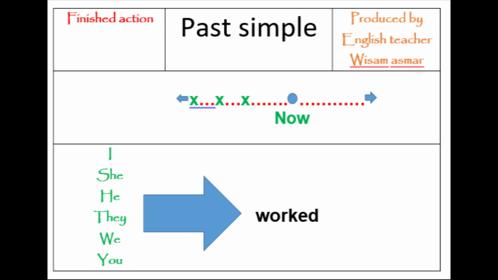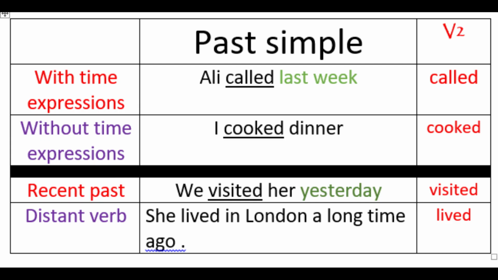If our base verb is work, in the past we just say worked. What did we do? We added ed. So say it after me. I worked, you worked, we worked, they worked, she worked, it worked. That's it.